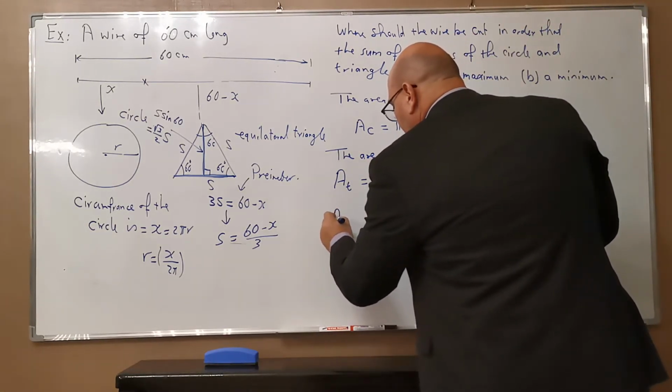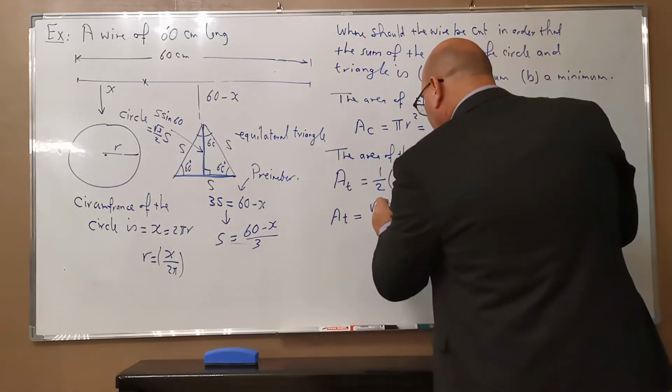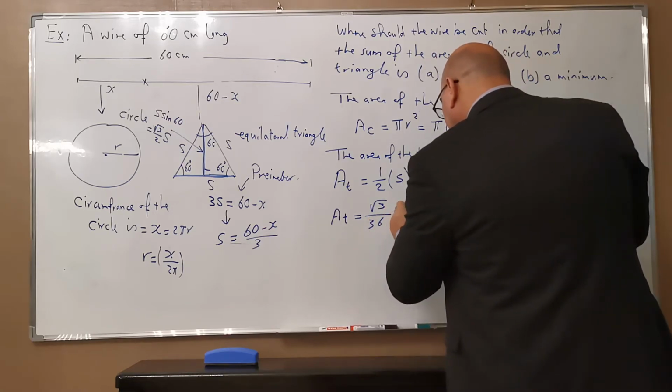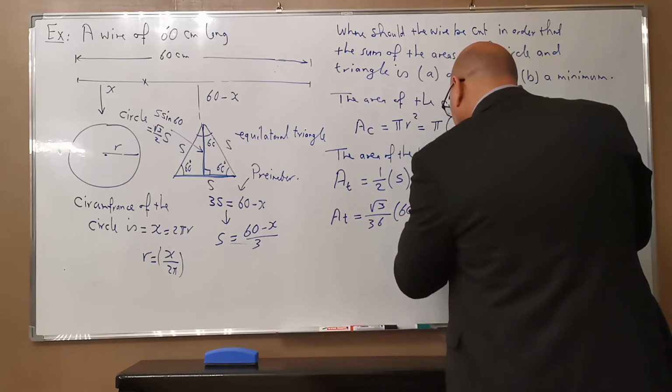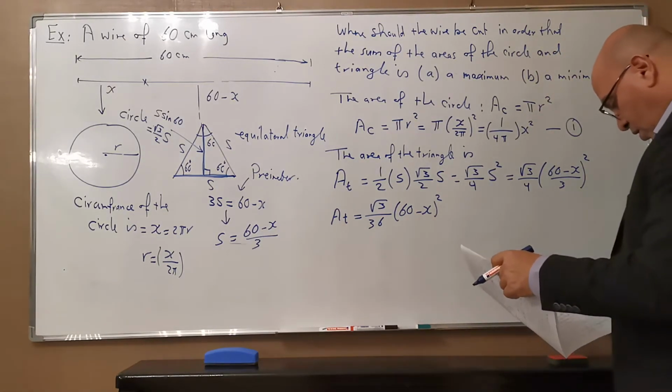And AT is equal to square root of 3 divided by 36 multiplied by (60 minus x), the whole thing squared. All right.